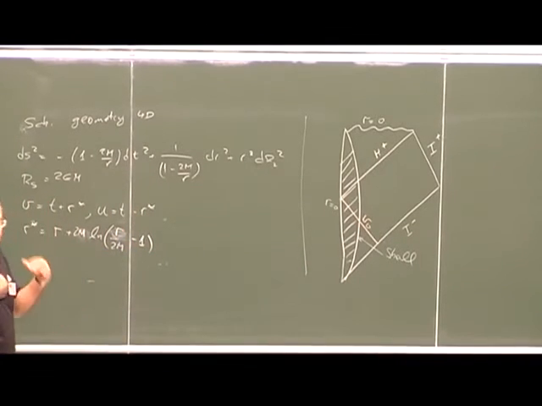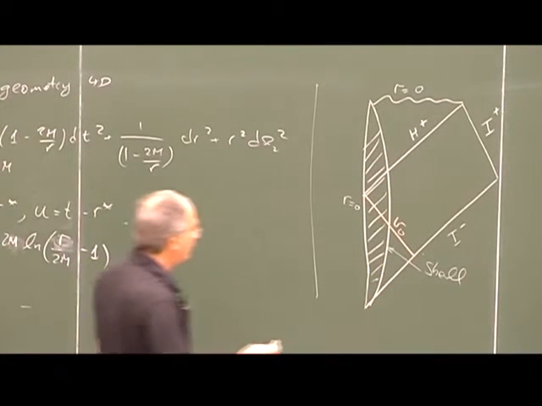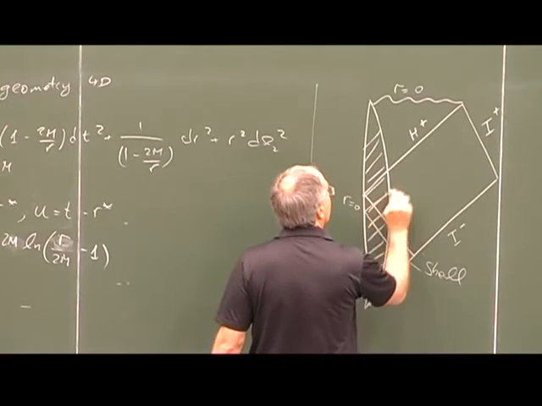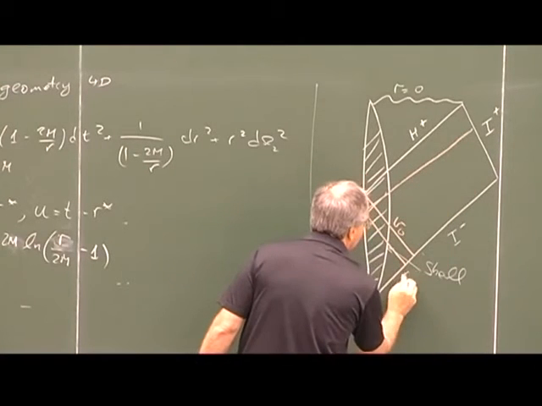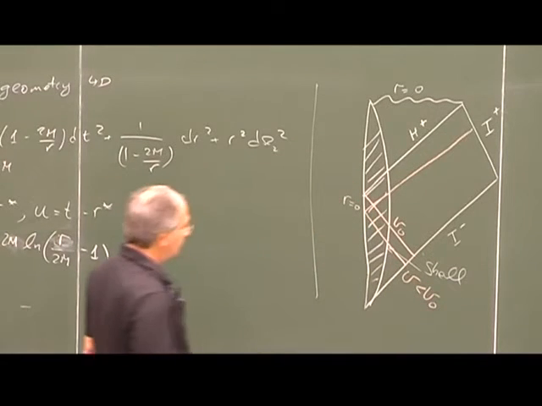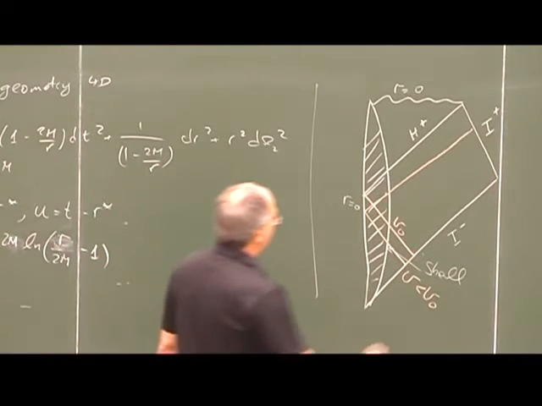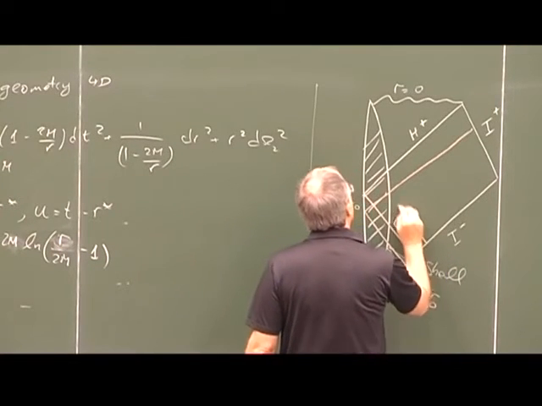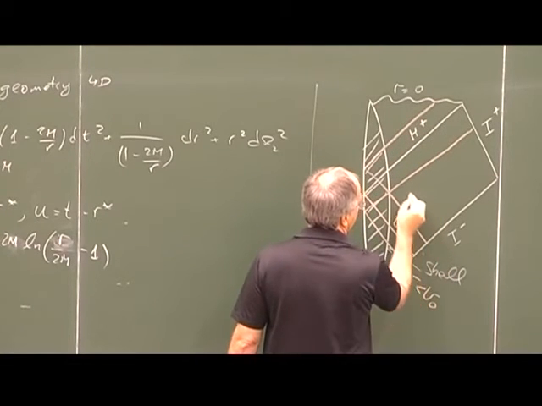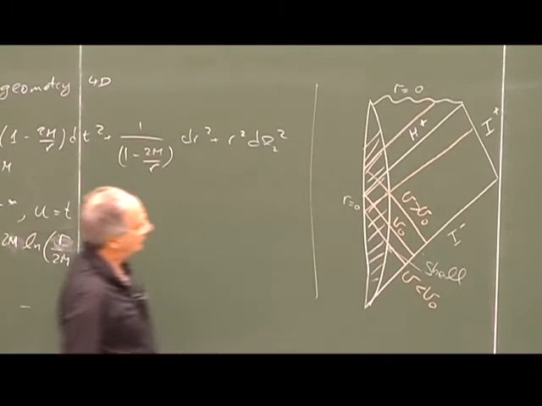So v0 is the last time that a light ray can escape to infinity. Here is a light ray for v less than v0, and here is the light ray for v larger than v0.